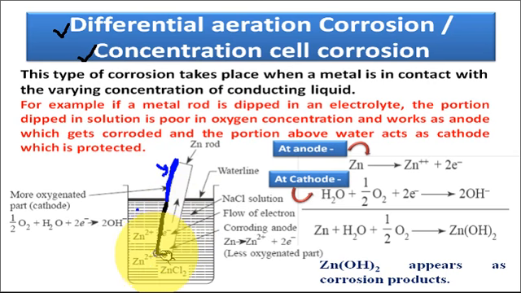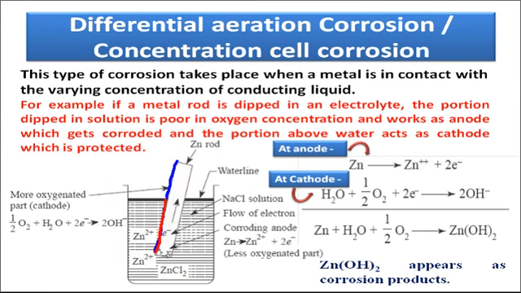So here the zinc rod or metal rod is in contact with different concentrations of oxygen. This is the more oxygenated part and this is the less oxygenated part. The red one is the less oxygenated part and the blue one is the more oxygenated part.